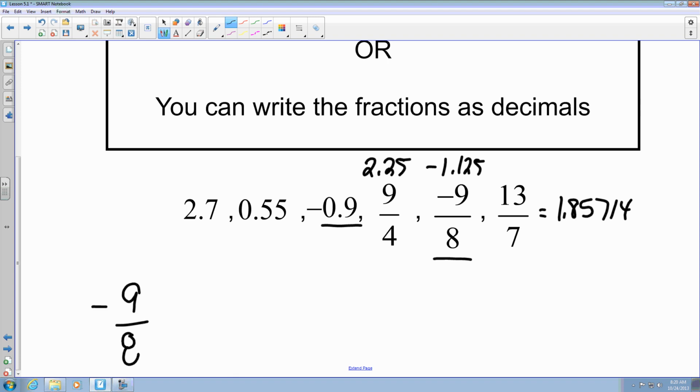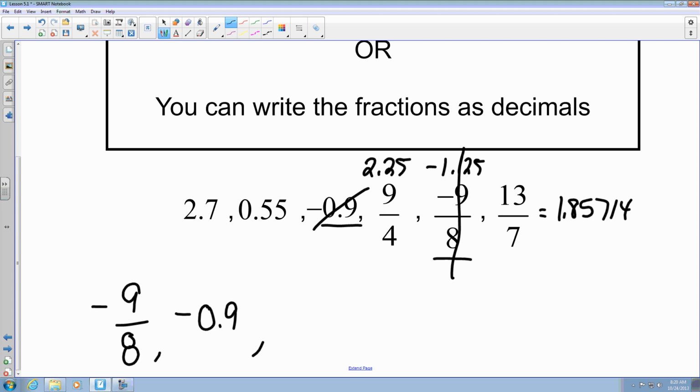So that gets crossed out. And then my next negative number is negative 0.9. Make sure that you rewrite them in their original state. Don't use the decimal equivalents that you've given each fraction, but write them back in their original state.